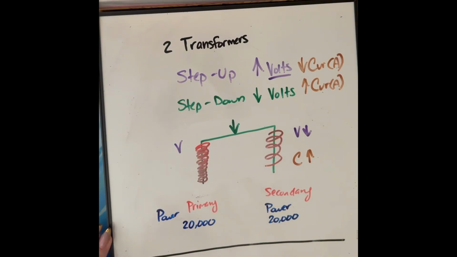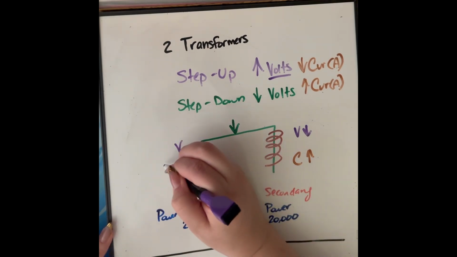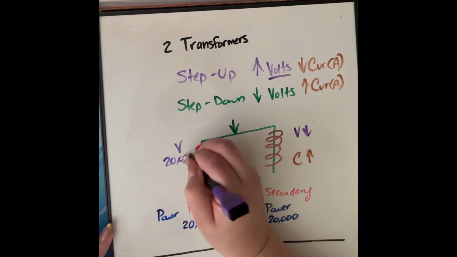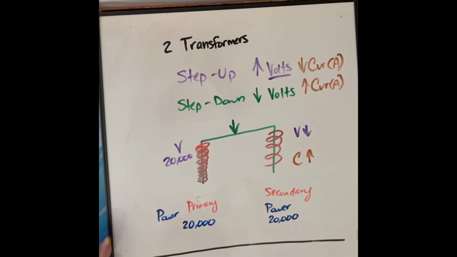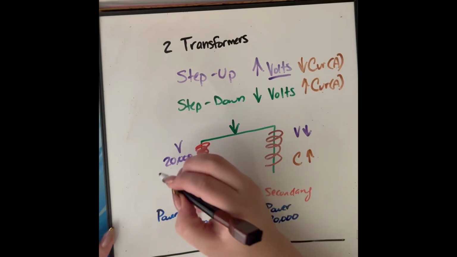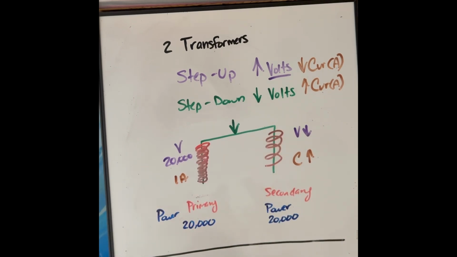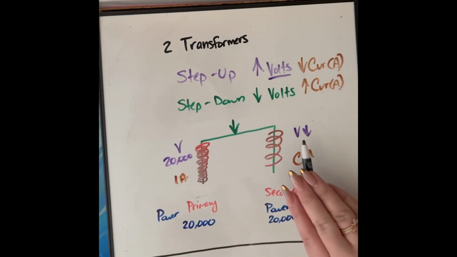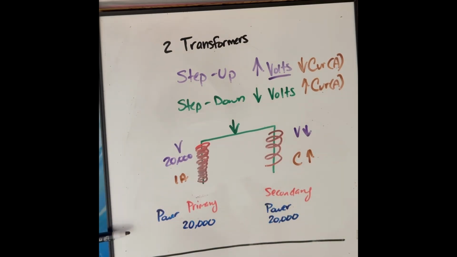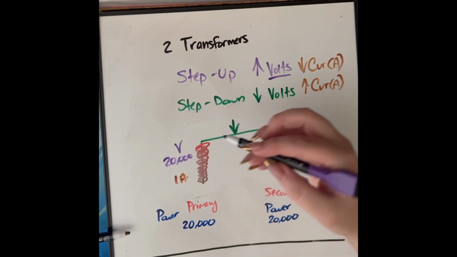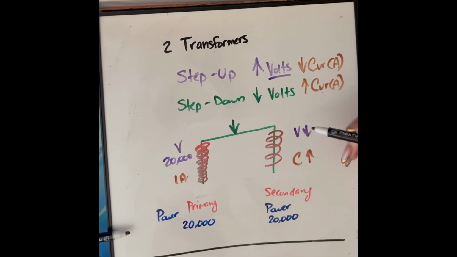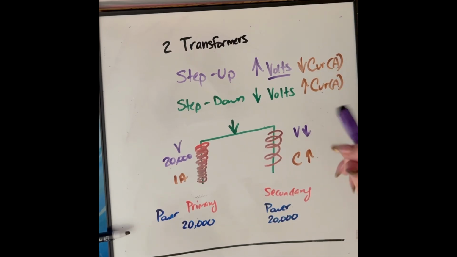We have more windings on the primary side now. So let's say that we had 20,000 volts on this side, and we had 1 amp of current. If our voltage is going to go down, let's make that the first thing we work with. Let's say that now we have 1,000 volts over here.